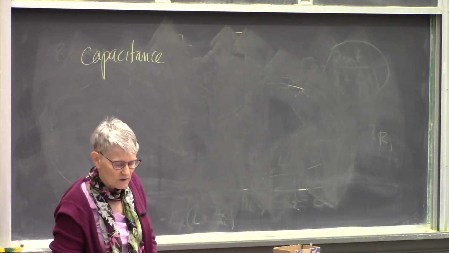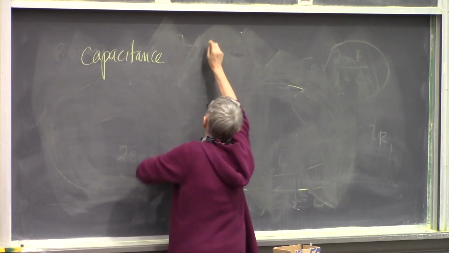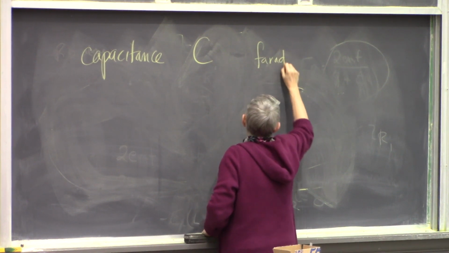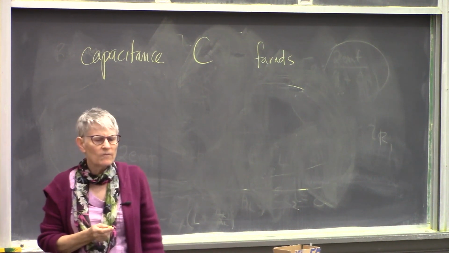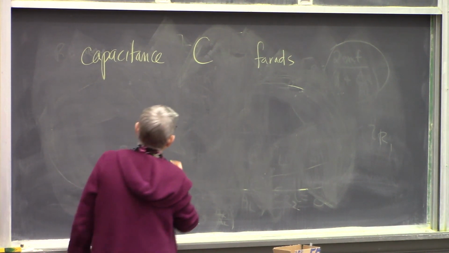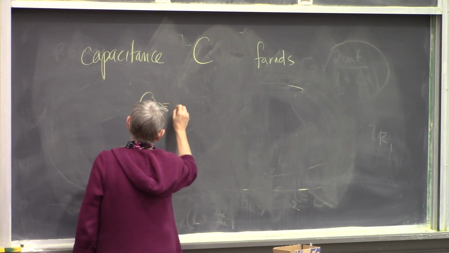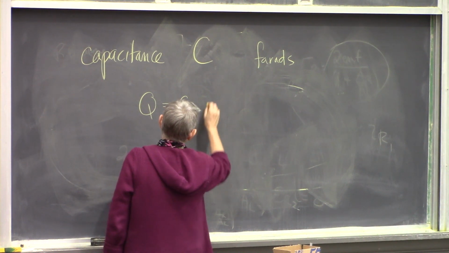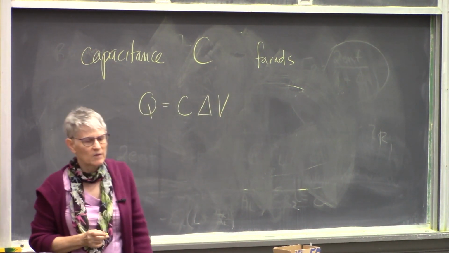We've run out of letters again, so capacitance is capital C. Its units are farads. And what is capacitance? The amount of charge on a capacitor is equal to the capacitance of the capacitor times the potential difference across the capacitor.